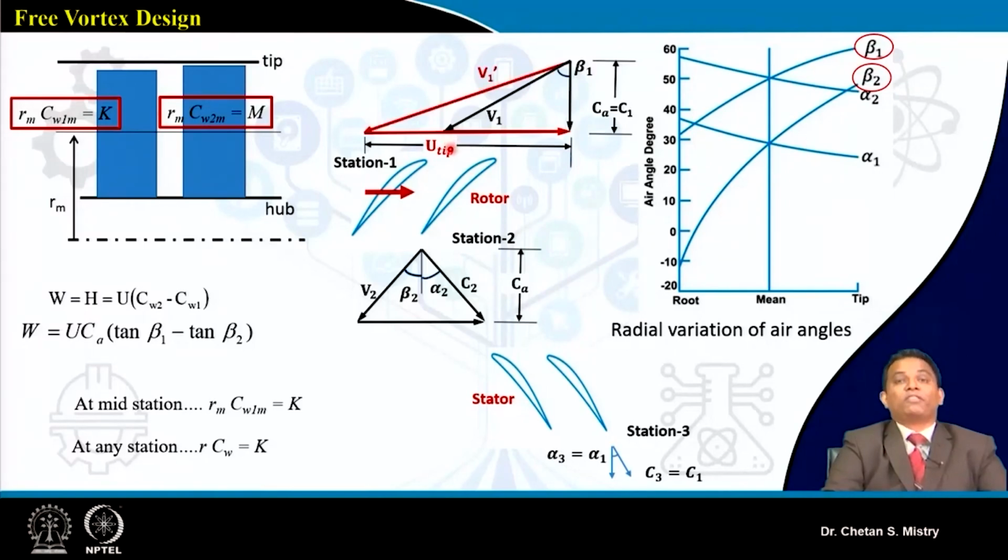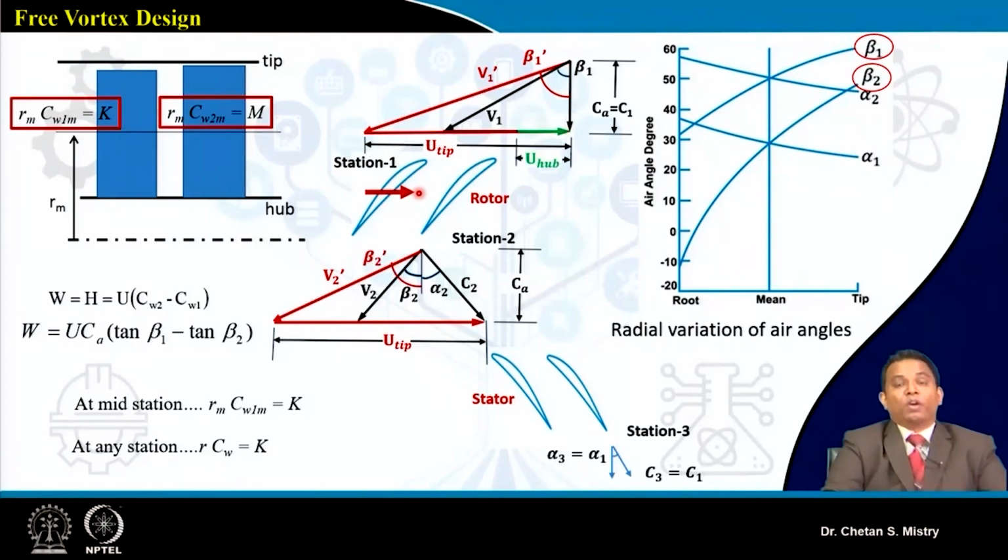That gives me my relative velocity component V1 dash, and it gives me my blade angle, or airflow angle, at the entry of rotor as beta 1 dash. In line with that, at the exit of rotor I will have the variation of my angle, given by beta 2 dash.